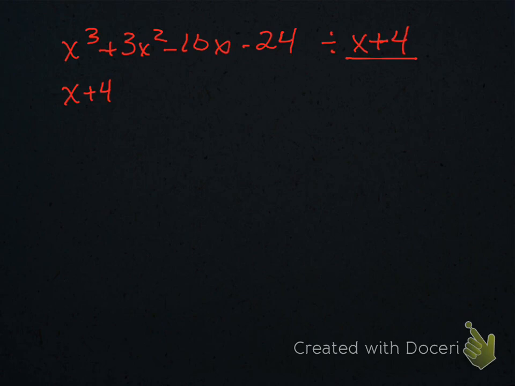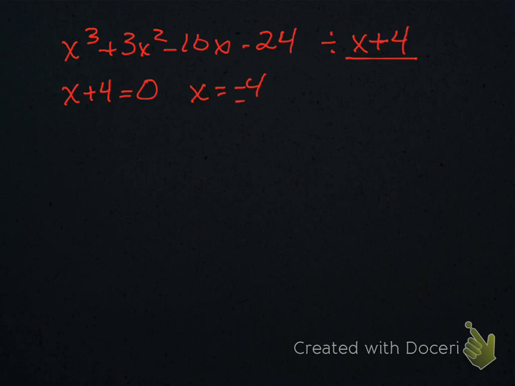Okay, it has to be a linear binomial or linear expression. Okay, I'm going to take my linear expression, my divisor, set it equal to 0, and I'm going to get x is equal to negative 4. Okay, solve for x.